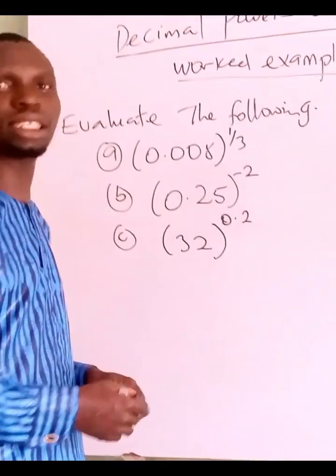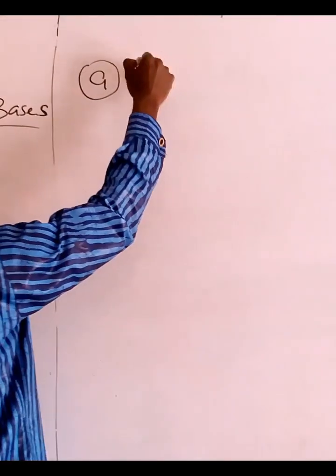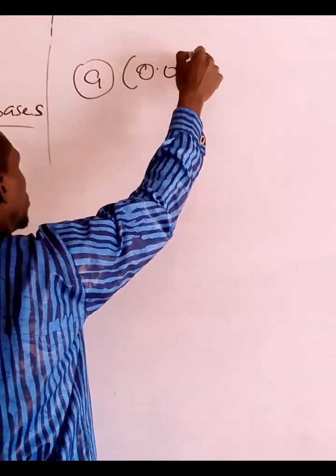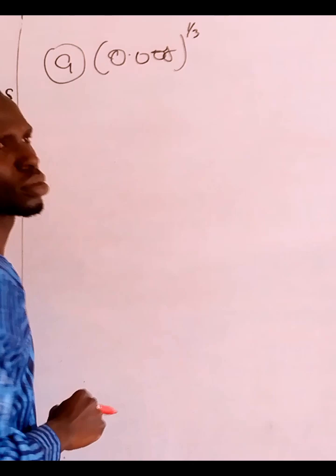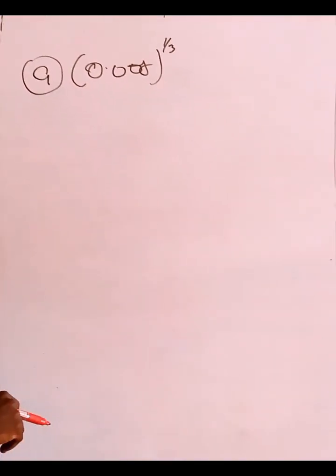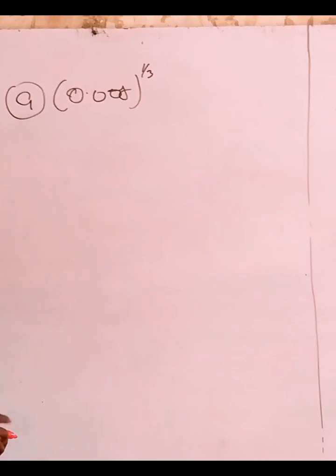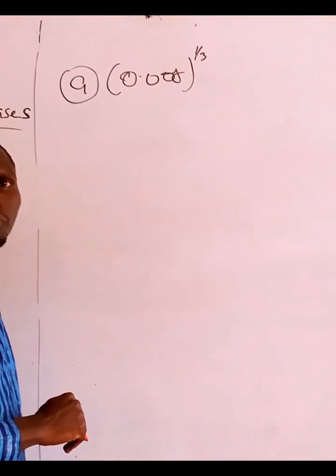Now, solving this question A, you have 0.008 multiplied by x power 1/3. Now, when you look at this, it is decimal. So the very first thing that I think we should do is convert this decimal to a fraction.